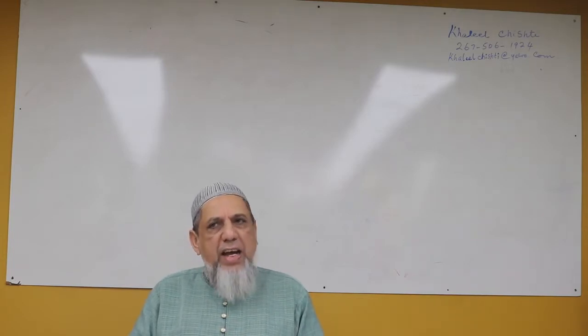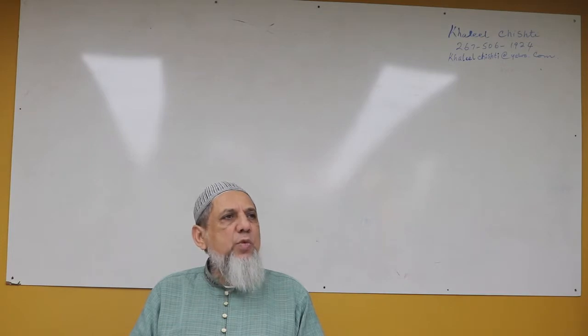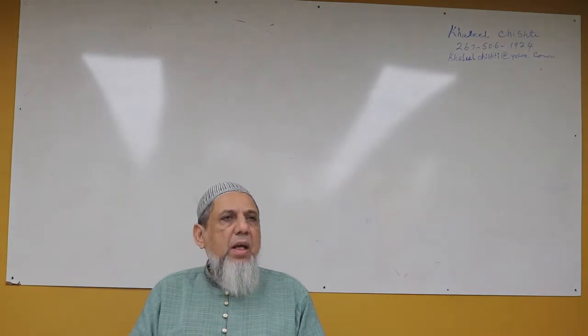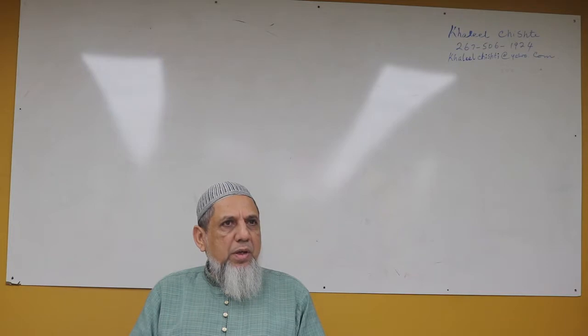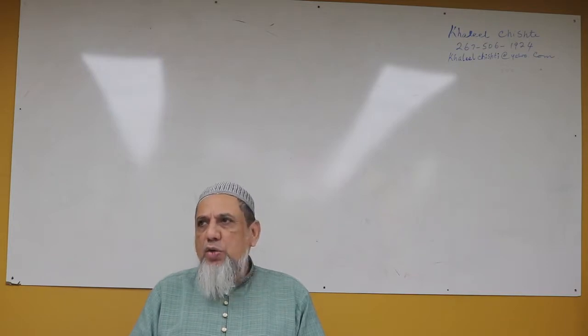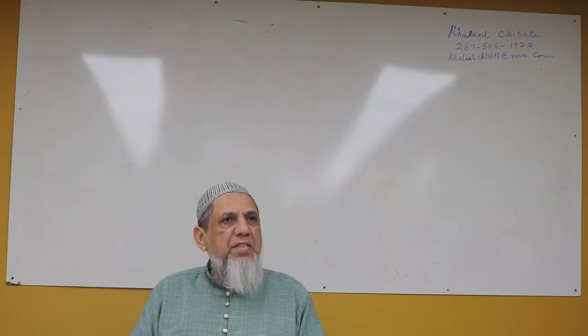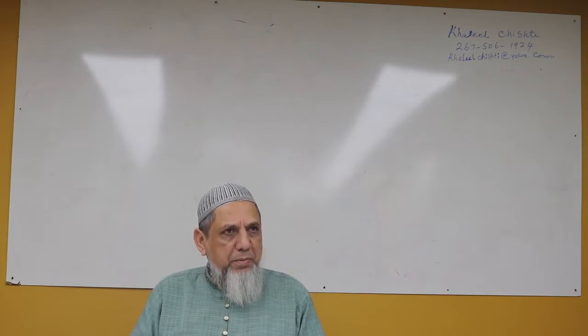There is a sign called tanween. Tanween means noon sakin. Instead of writing noon and putting a jazm or sukoon on top of the noon, Arabs use a symbol of tanween.